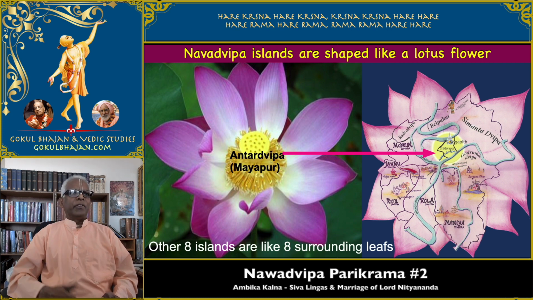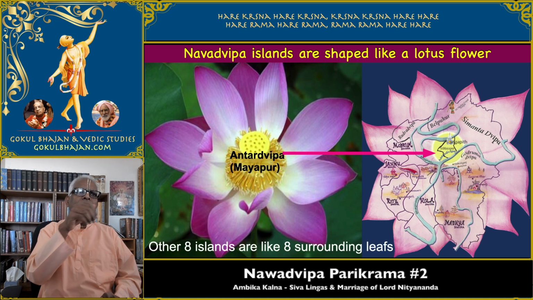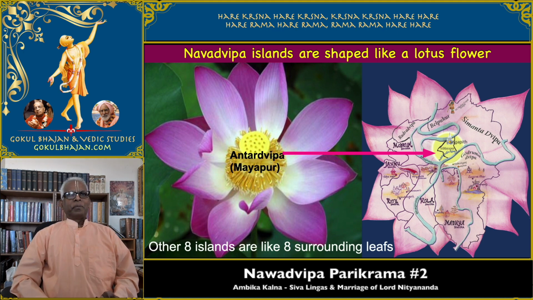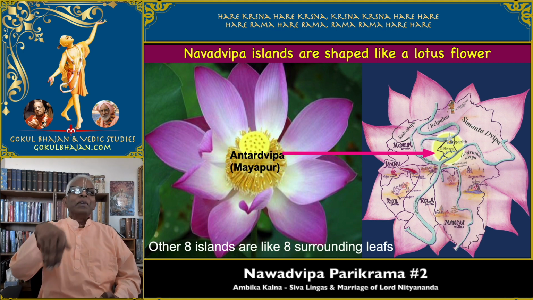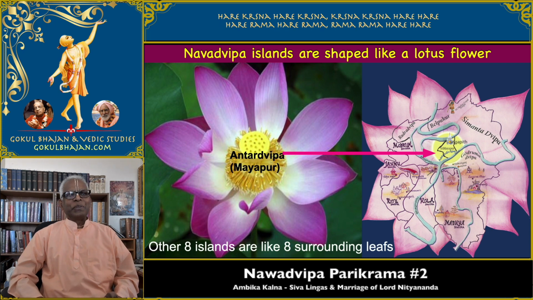Here it's all islands because the Ganga is running here, and just before getting into the ocean, she does not leave this place because it's very holy. She stays here as much time as she can, and only then slowly gets into the ocean.